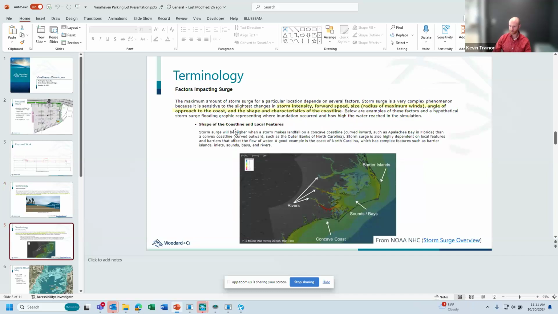But those things are really at kind of the larger scale. So whether there is a sound or a bay or large rivers, barrier islands, and whether the coast is rounded out into the sea or concave back in.